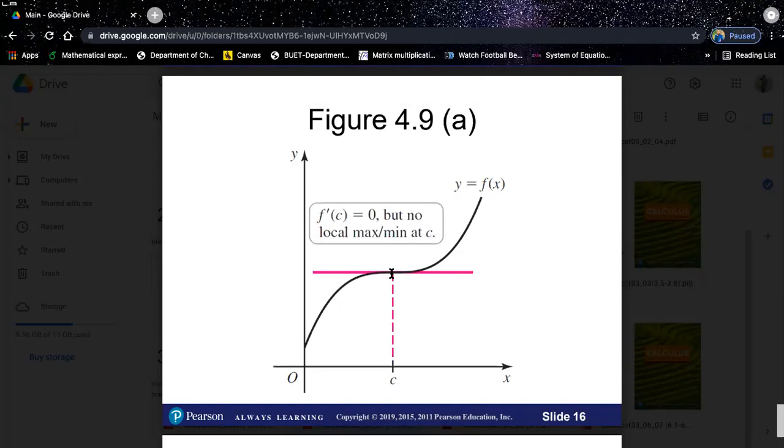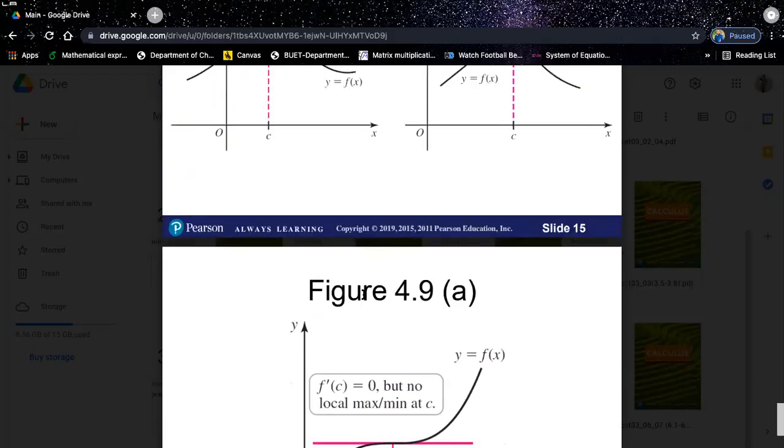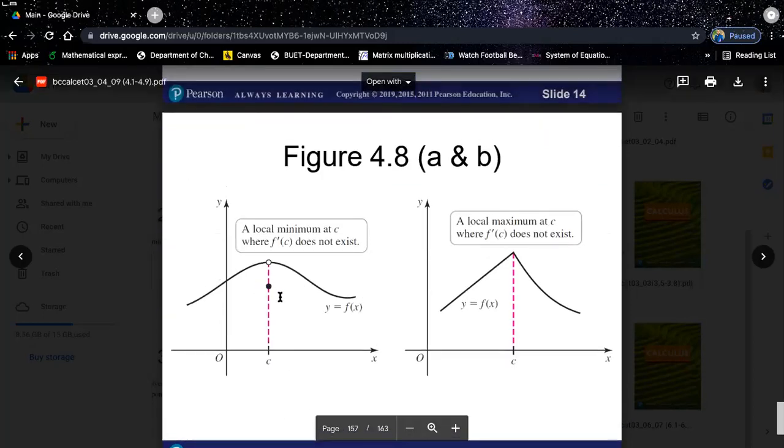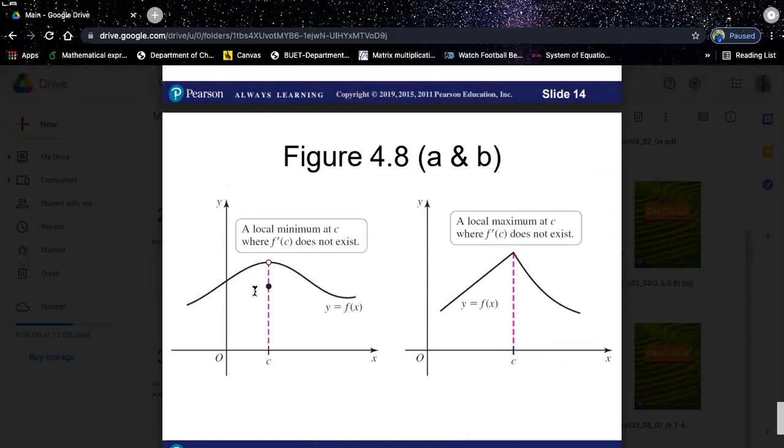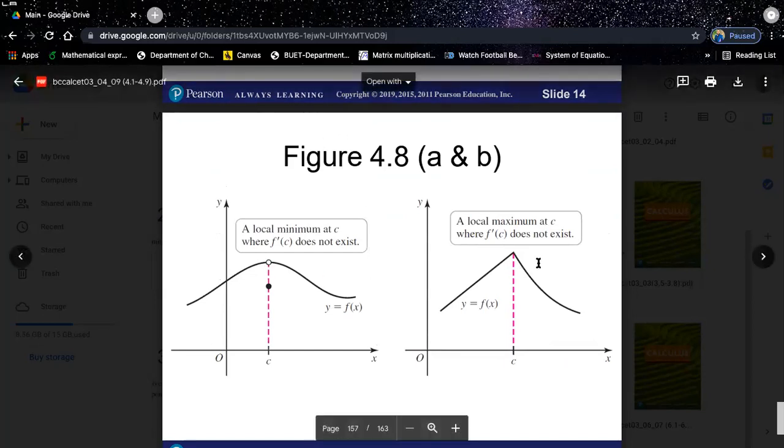Right? So all of this, again, we haven't really seen the algebraic approach as yet. Bear with me for that. But for the graphical approach, you could see these things could happen. Even though there is a local minimum, the function could have a hole, which means it may not be differentiable at that point.